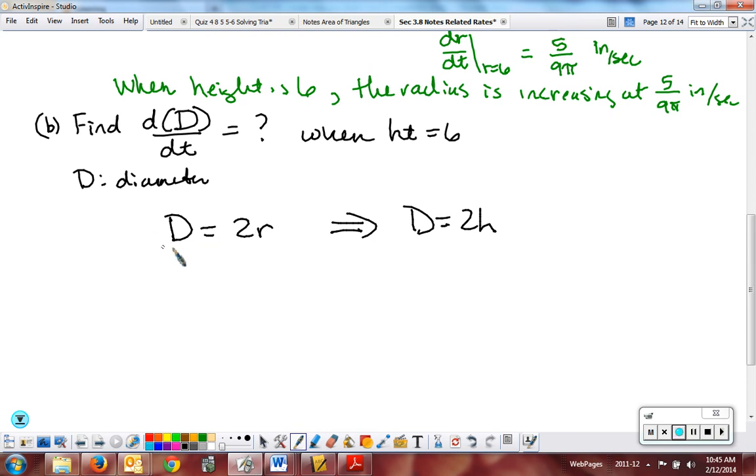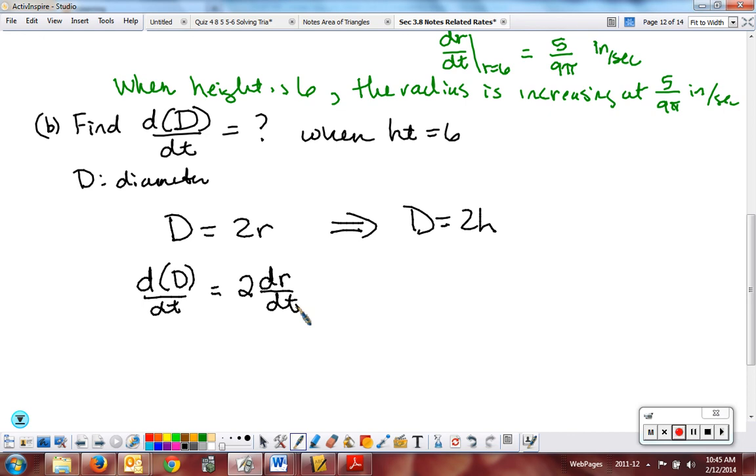What do I do with the formula after I get a formula relating the variables? Derive it. The derivative of the diameter with respect to time would be 2 times the derivative of r with respect to time. Now can you answer that question, and I don't need a gut feeling.